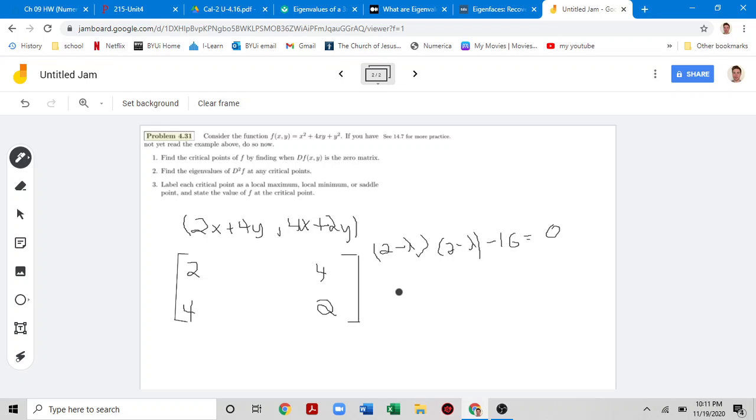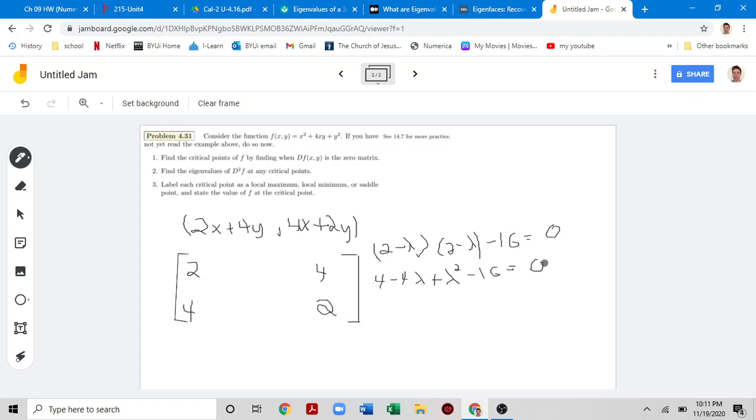So let's first factor this out. So this would be 4, and this is going to be minus 4 lambda, and that plus lambda squared minus 16 equals 0.